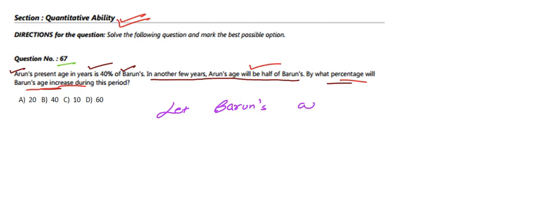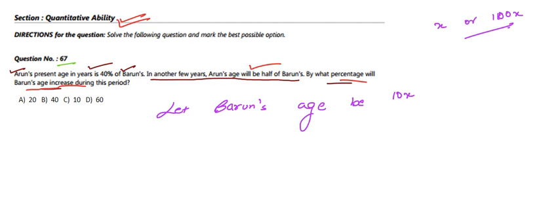We can consider Barun's age to be x, 10x or 100x, anything. I would like to consider it as 10x. So let Barun's age be 10x. You can consider it x or 100x also and proceed in the same way. Let us take 10x here and proceed.